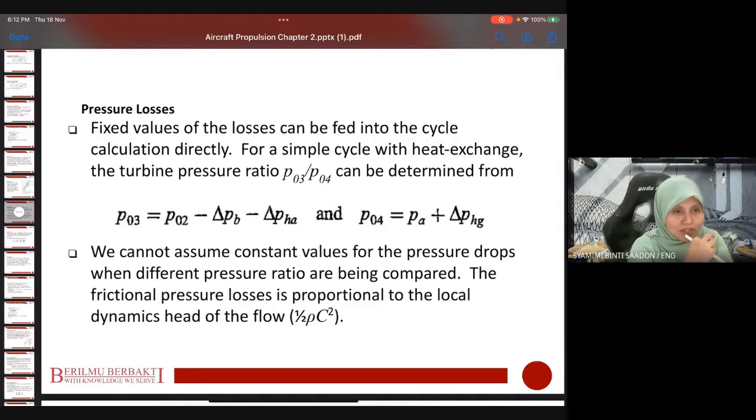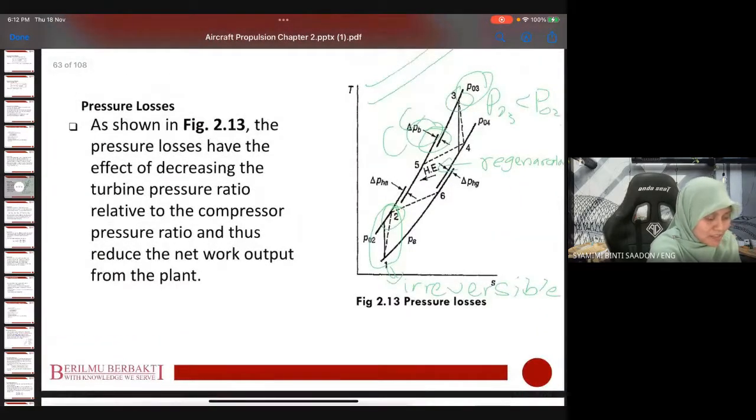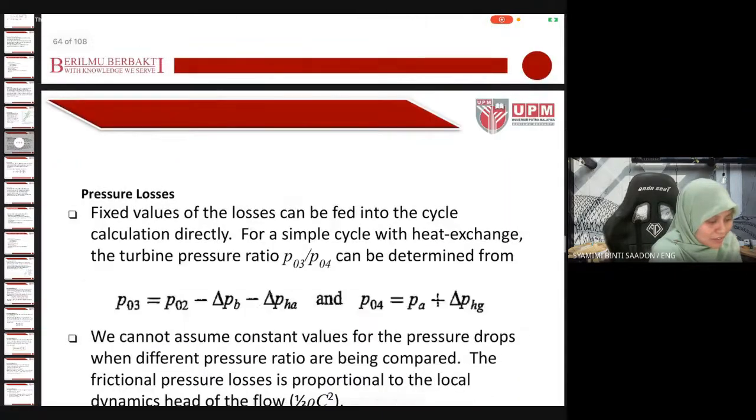So we have to take into consideration those differences, the loss. The loss will be given sometimes in percentage, or as a total value of loss. So PB is the loss during the combustion process, and PHA is the loss at the air side, the cold fluid just now. Also at the hot gas side, PHG, there will be a pressure loss.